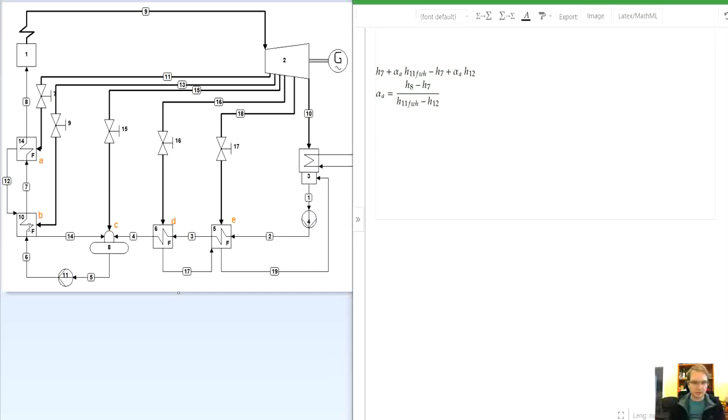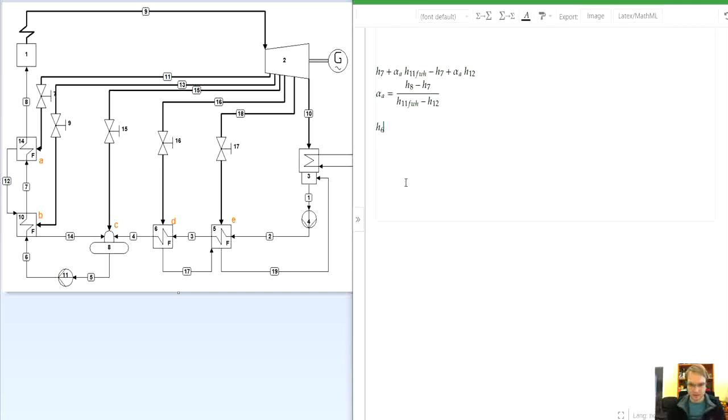Similarly with the feedwater heater B, the inputs are enthalpy H6, again with mass flow rate 1. As I said, mass flow rate in node number 8 is referenced as 1.